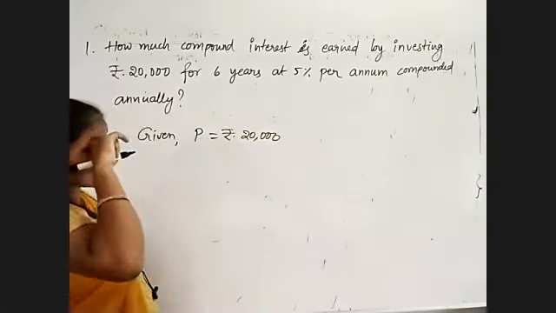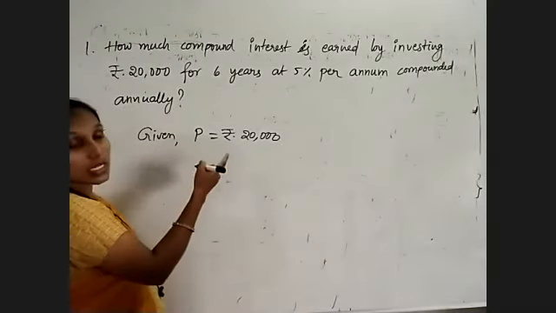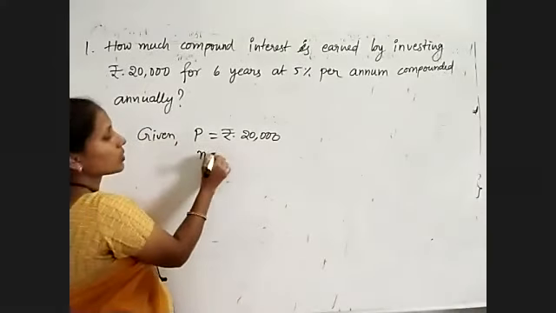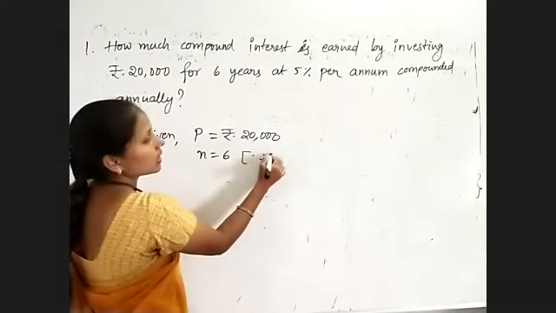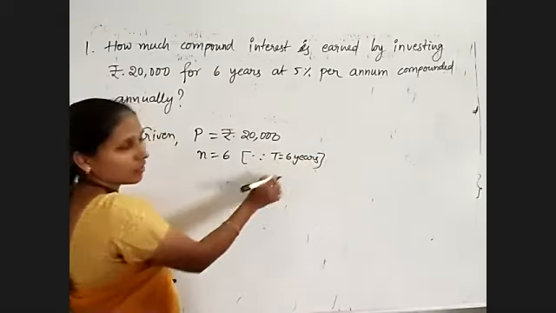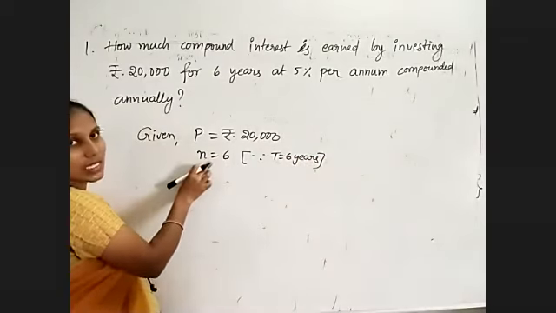For 6 years, T is equal to 6 years, but since the amount is compounded annually, n also equals 6. That is the reason we got 6 itself.